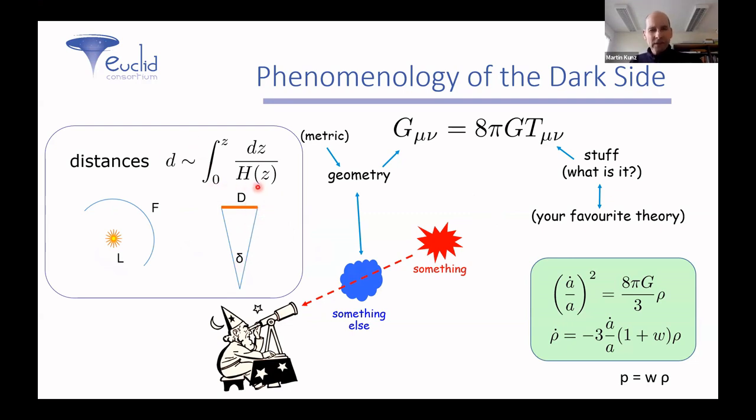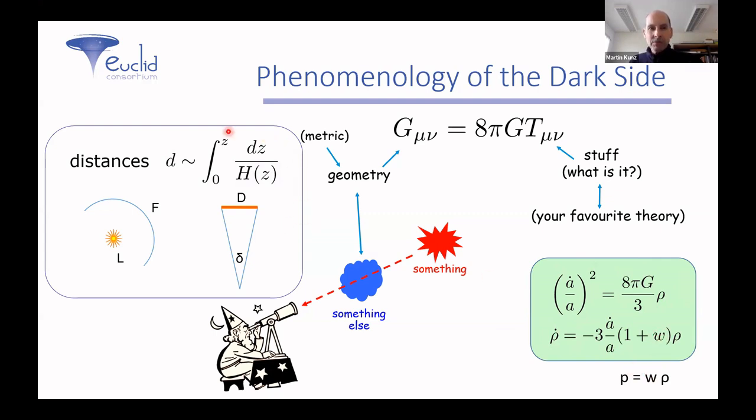These distances, they're an integral over the expansion rate, and then so basically, if we measure the distances, we can constrain the expansion rate. The Friedmann equation links the expansion rate with the energy density, and here then we can, for example, use the conservation equation where we parameterize the pressure with a W, okay?